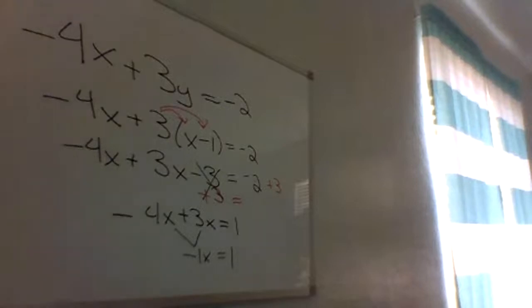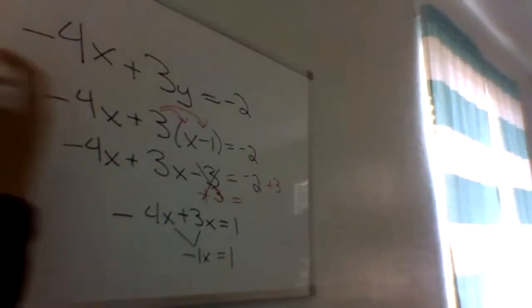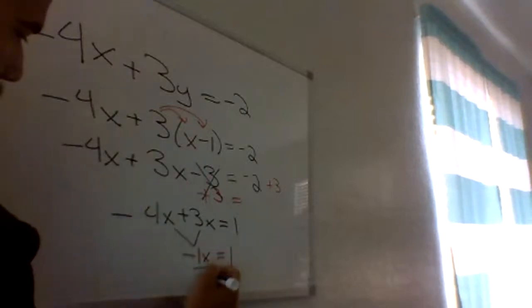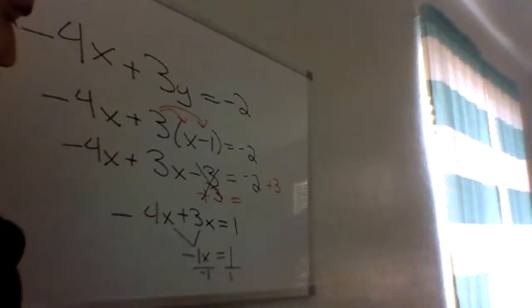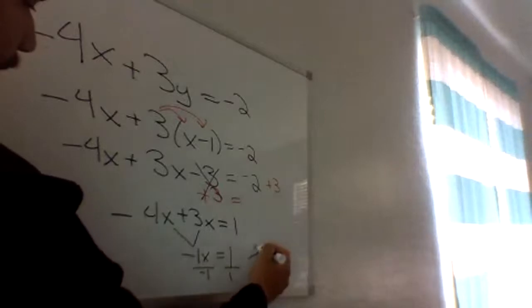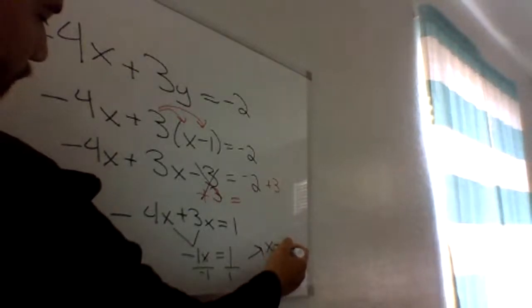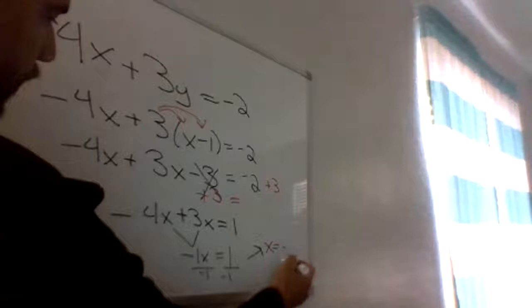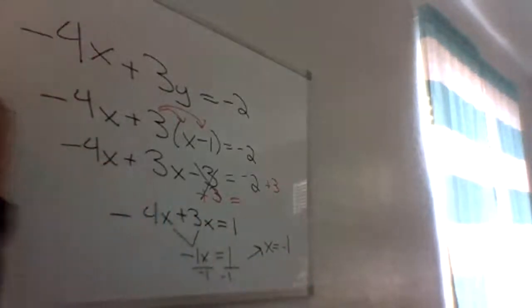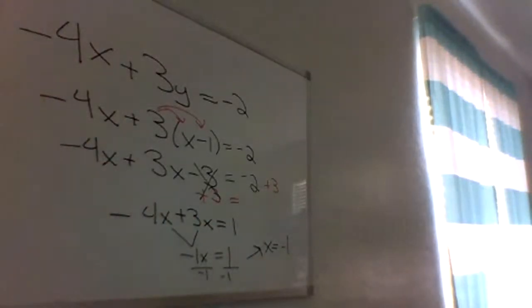Then I'm going to divide both sides by negative 1, actually. So x equals what? And it's x equals negative 1. Okay? That was all you, Ildi. That was all you.